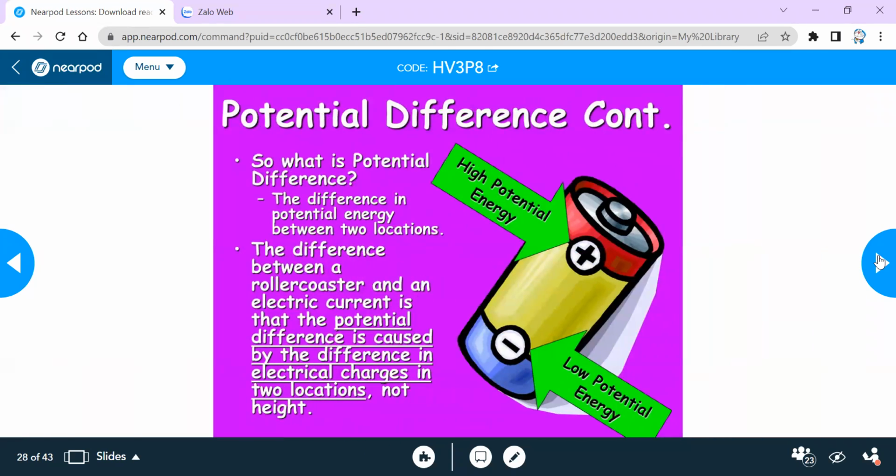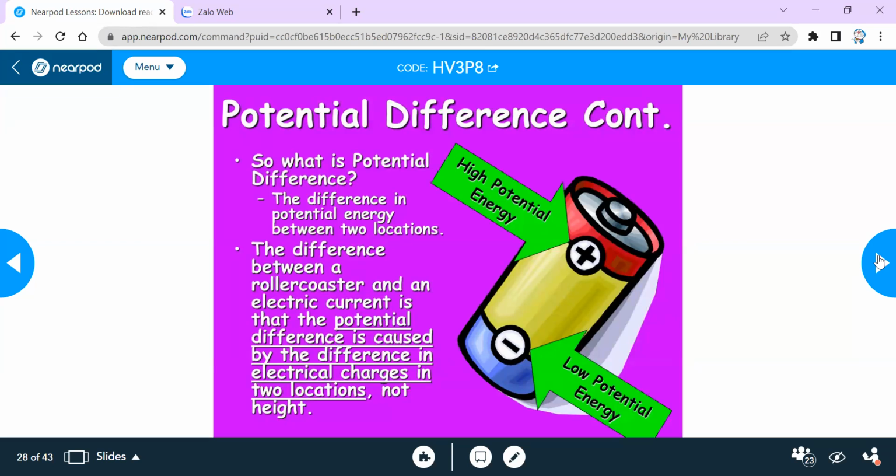So what exactly is the potential difference? The potential difference is basically the difference between the potential energy of two locations. One example, let's use the roller coaster again.